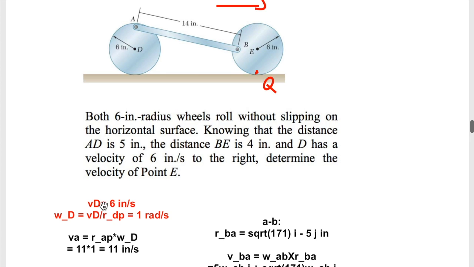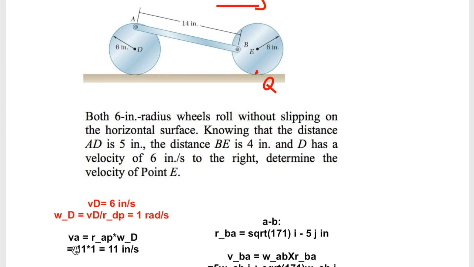So first, we just write down what we know. This VD equals 6 inches per second. We can find the angular velocity at this point D by just taking that velocity of D divided by the radius, and we get this 1 radians per second.